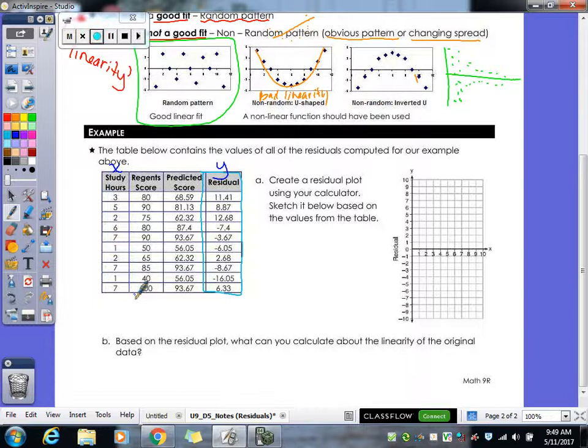So here, 3 and then 11.41. That's off my graph, so I'm just going to estimate where that one is approximately. And then 5 and 8.87.